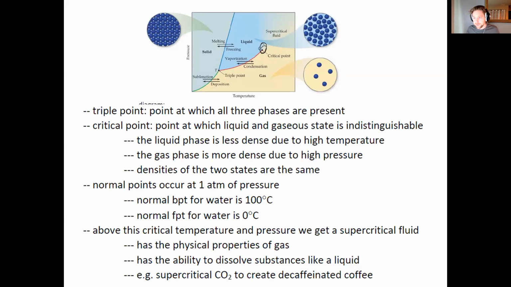And this is actually used in a lot of production. Supercritical carbon dioxide, so this really high temperature carbon dioxide, is used to create decaffeinated coffee to help extract certain chemicals like the caffeine. So the caffeine would dissolve in this supercritical carbon dioxide and then separate out from the substance from the source.